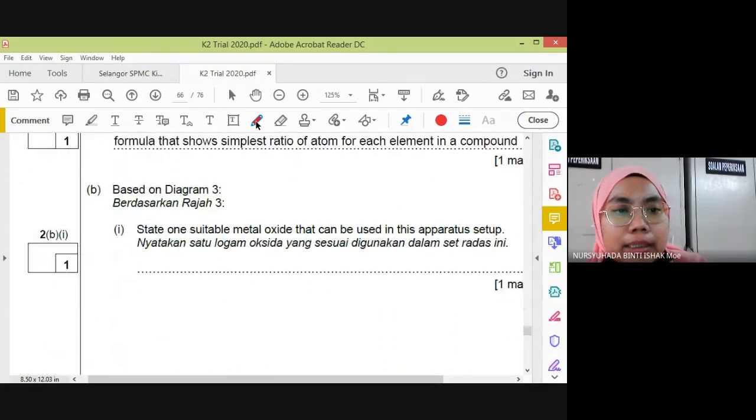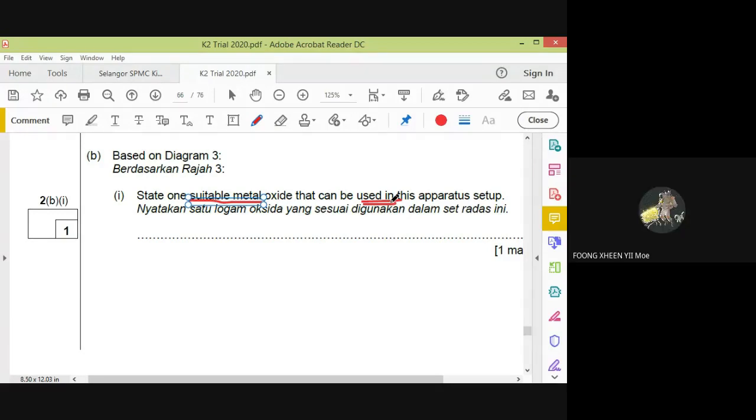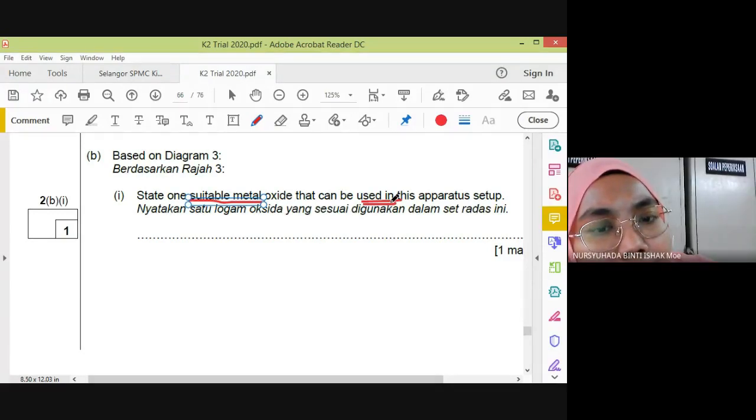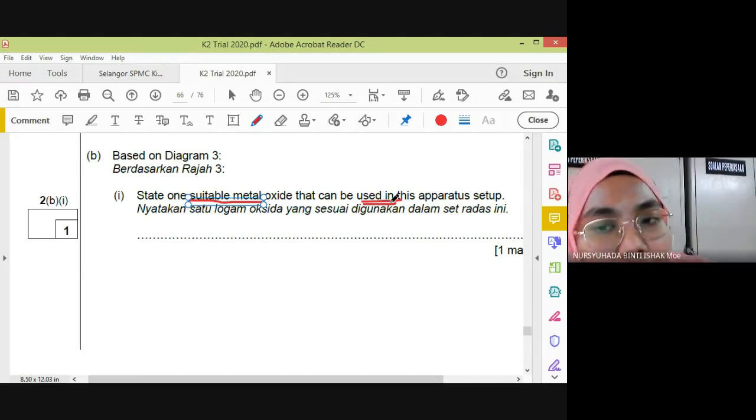Okay, next. State one suitable metal oxide that can use in this apparatus. Okay, yang mana agak-agak suitable? Respon? Zinc oxide. Zinc oxide dia mesti below hydrogen. Must below the hydrogen.